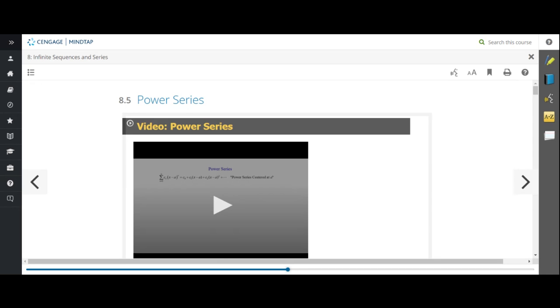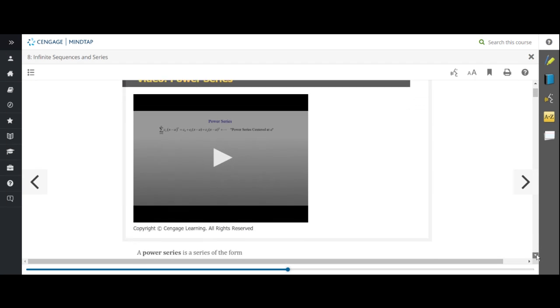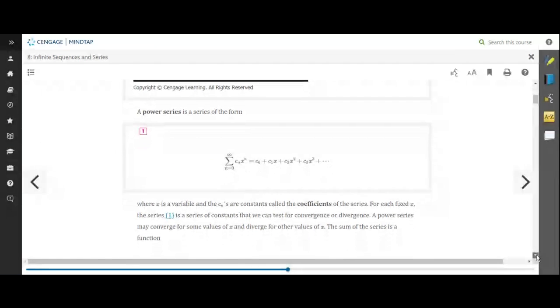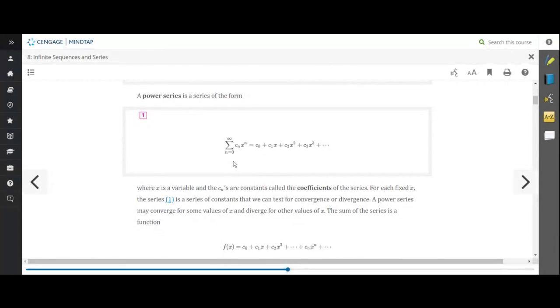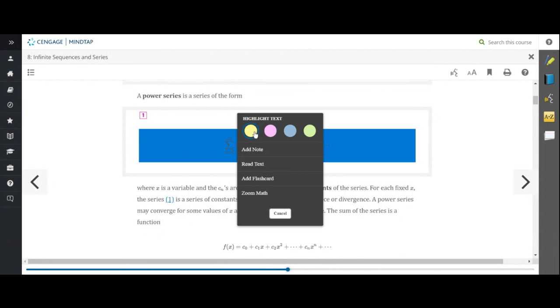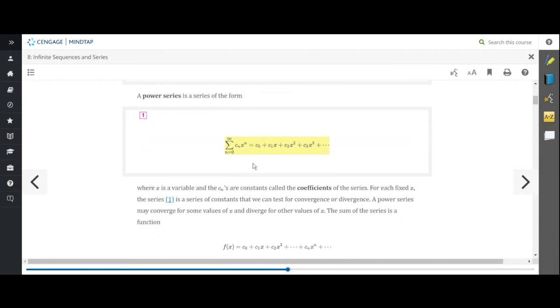So it's nice we're understanding infinite series, but remember, we ultimately want to study functions too. Can we relate a series to a function? And the answer is yes. A power series is a series of this form. You notice there's a variable x now in the series.